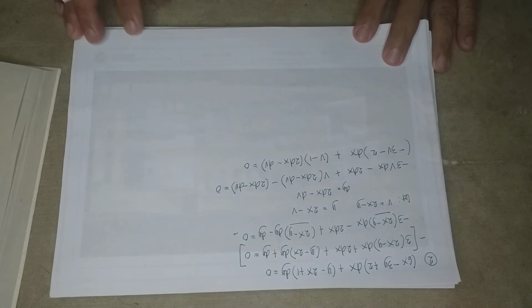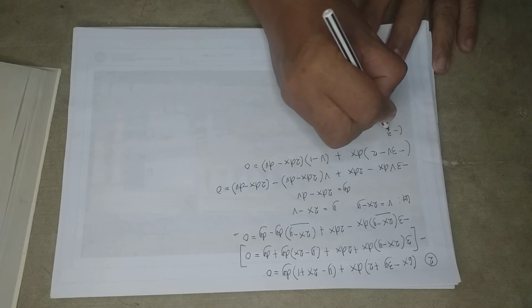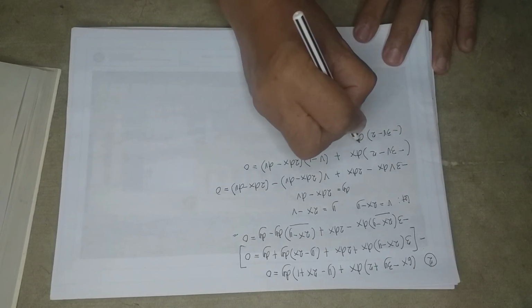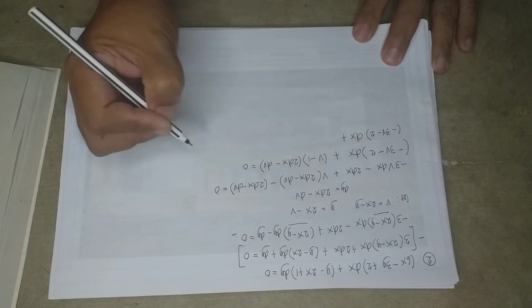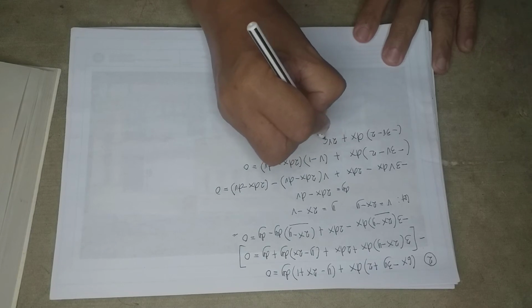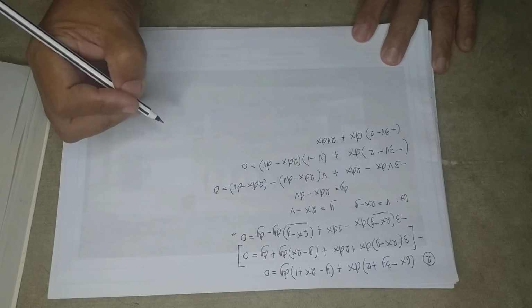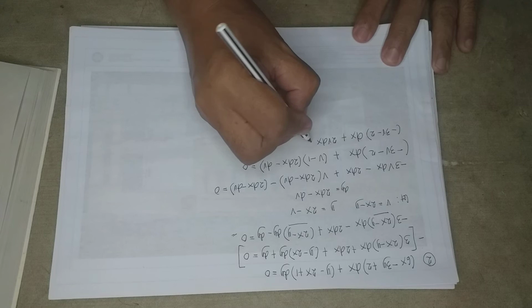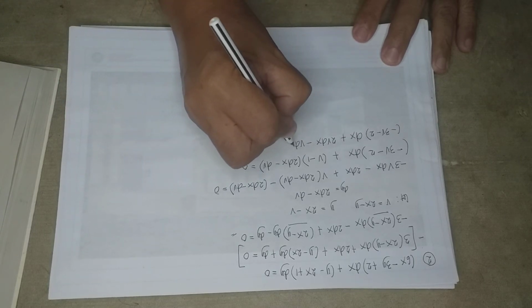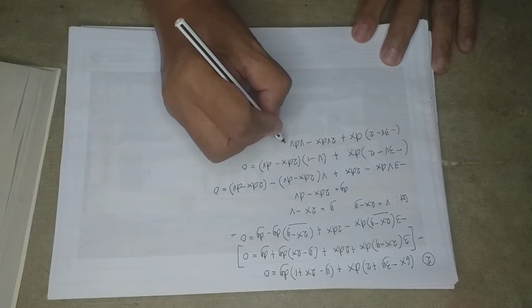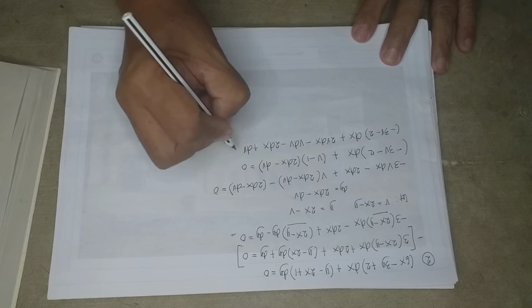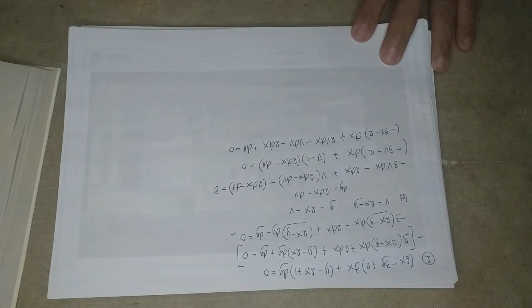Okay? So we have negative 3v minus 2 dx plus 2v dx minus v dv minus 2 dx plus dv is equal to 0.